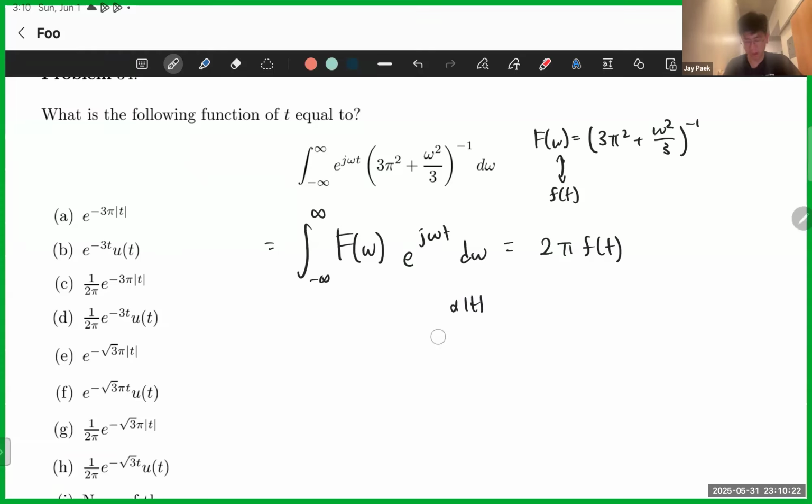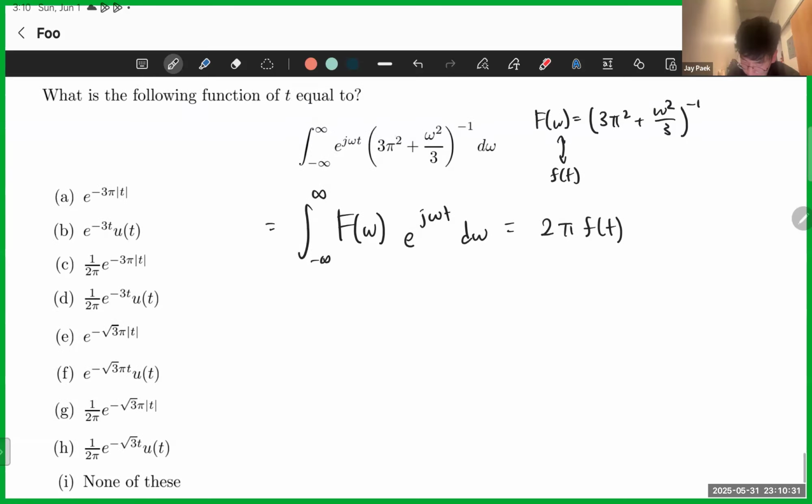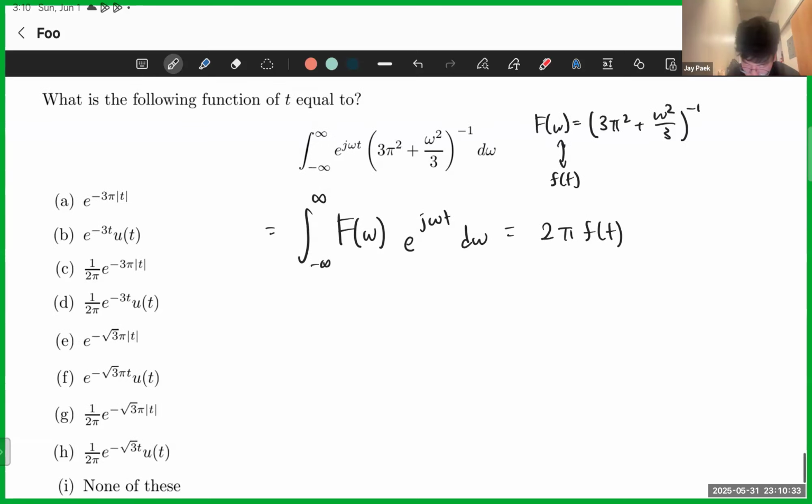I'm trying to think about how, in a normal scenario, I would mess around with this, but I could see how I would approach this. So I think I just need to take an inverse Fourier transform of that.